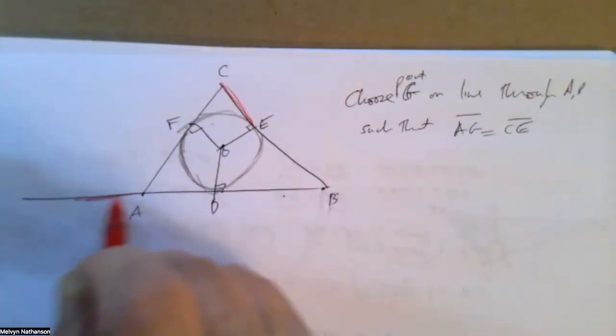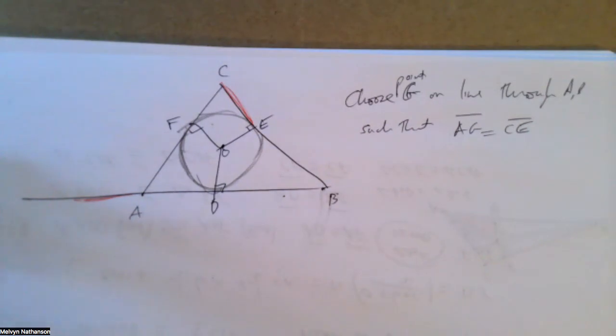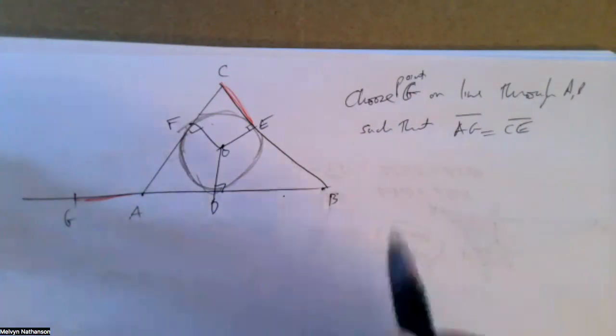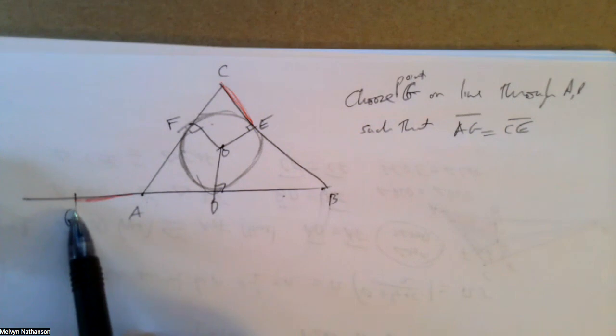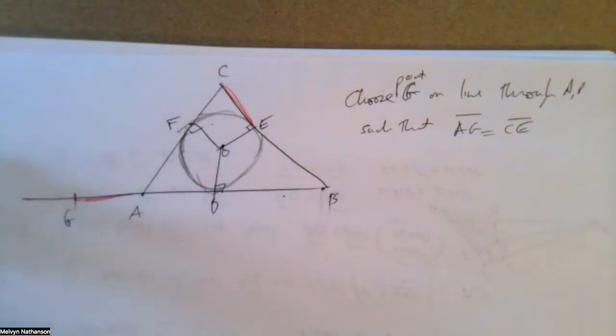So we're going to pick a point G here so that the distance from A to G is the distance from C to E. Okay?